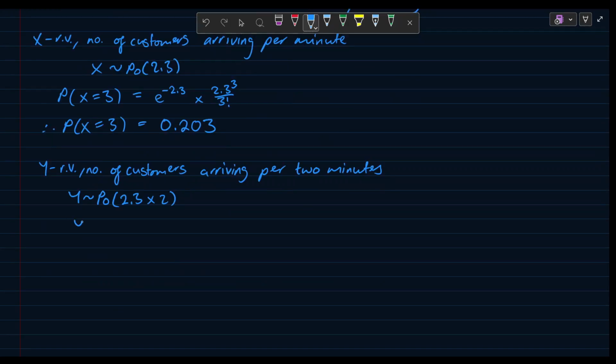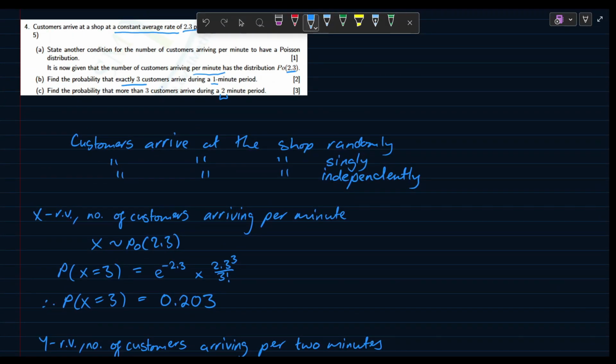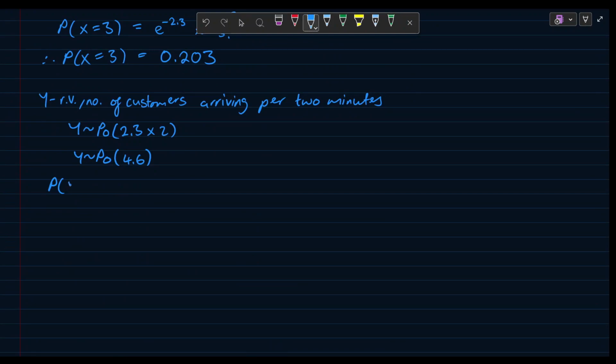So this becomes y follows a Poisson distribution, 2.3 times 2, that gives us 4.6. And we are evaluating, find the probability that more than 3 customers, so greater than 3. So probability that y is greater than 3, we can write this as 1 minus the probability that y is less than or equal to 3. So that becomes 1 minus, then we have to evaluate each probability.